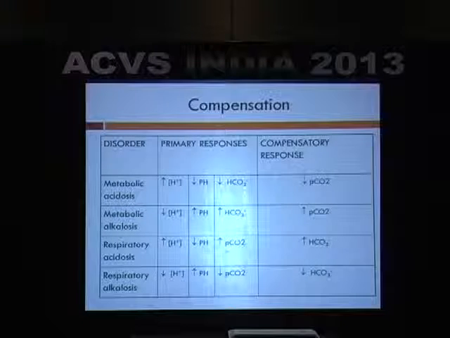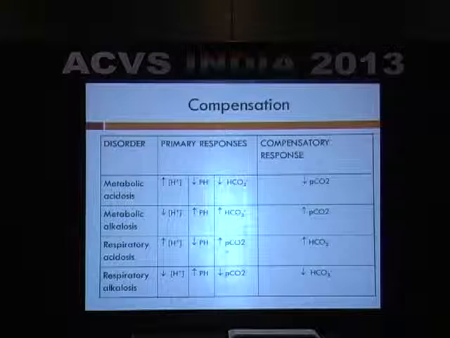So these are the basic things which occur in any patient with different acid-base disturbances. In all acidosis, we have an increase in H+, the metabolic acidosis and respiratory acidosis; in alkalosis, a decrease in H+. So the pH will be decreased in metabolic and respiratory acidosis. In respiratory and metabolic alkalosis, the pH will be increased. The bicarbonate will be predominantly changed in the metabolic component.